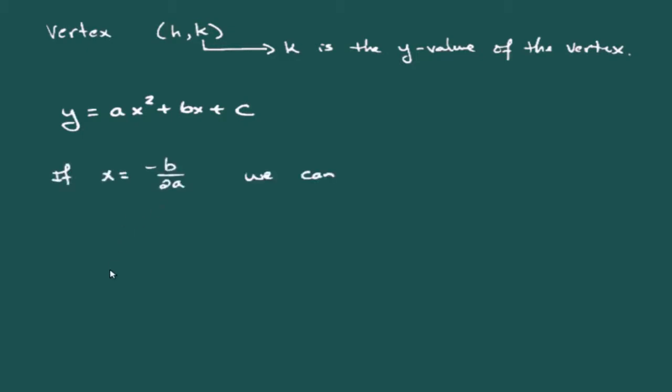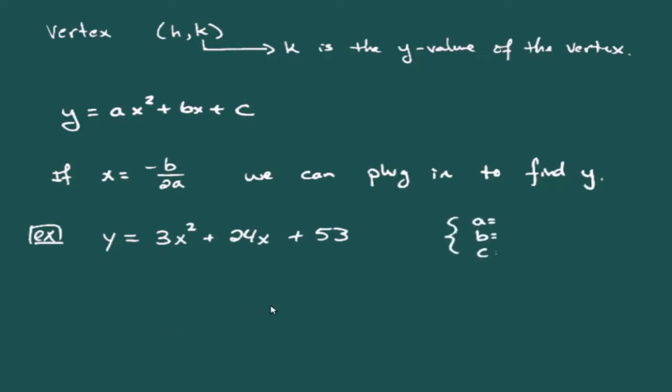Suppose that we're given y is equal to 3x squared plus 24x plus 53. First thing that we always do when we've got standard form: what are our values for a, b, and c? We've got a being 3, b being 24, and c being 53. Our x-coordinate of the vertex, negative b over 2a, is going to give us negative 24 over 2 times 3.